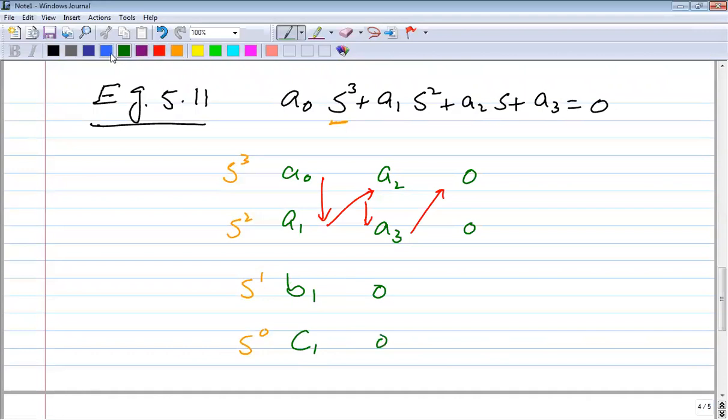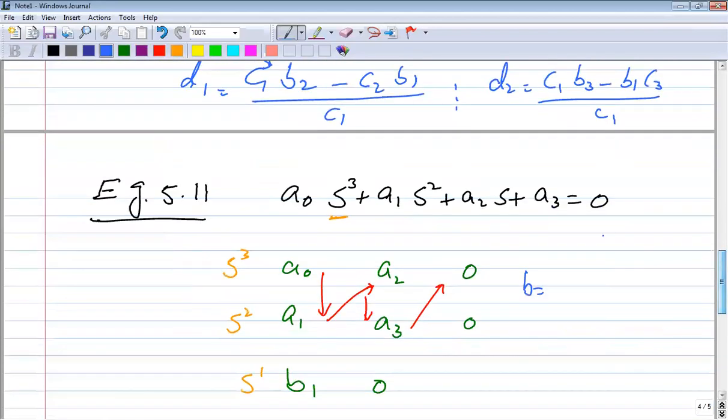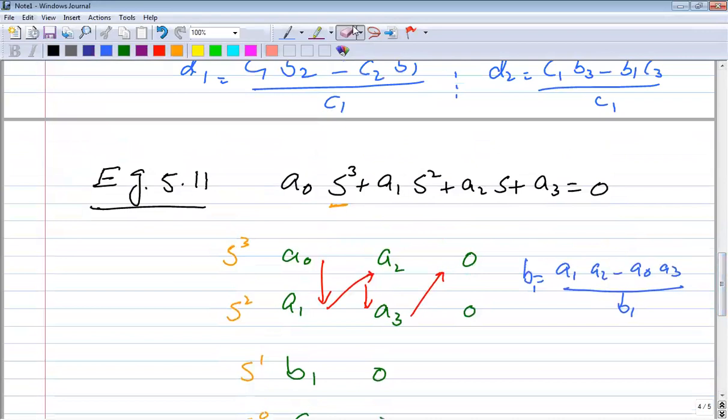So we will find b1. b1 is equal to, just like I said over here, a1 a2 minus a0 a3, divided by a1. So that is b1.